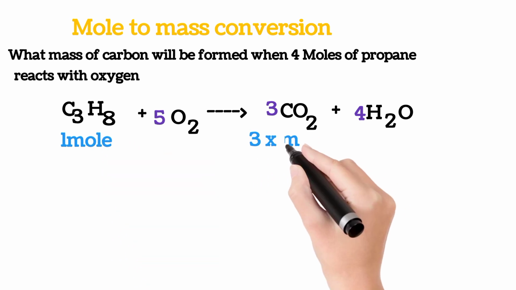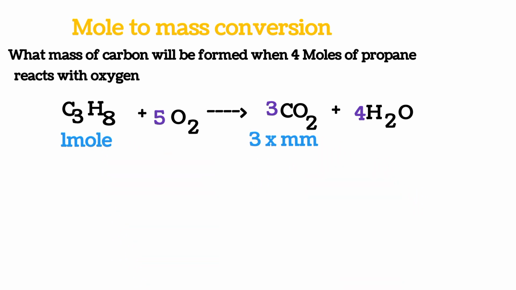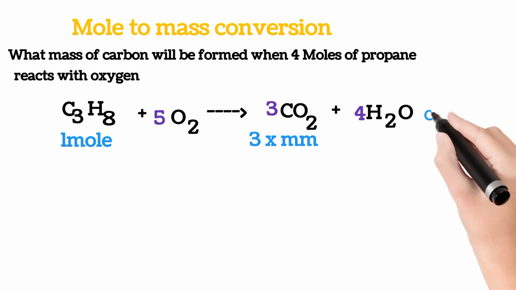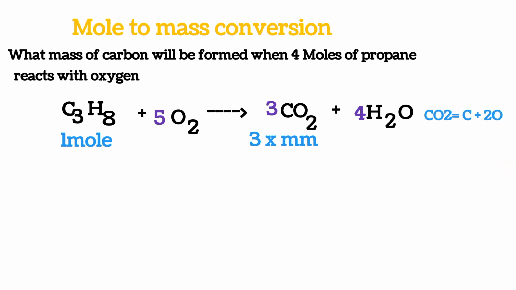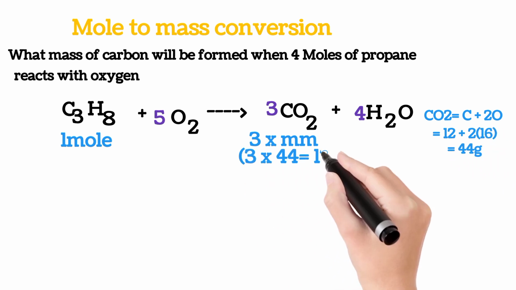Now from the balanced equation, 1 mole of propane will react with 3 times the molar mass of carbon dioxide. Now let's get the molar mass of CO2, which is C plus 2O. This will give us 12 plus 2 times 16, and that will be 44 grams.